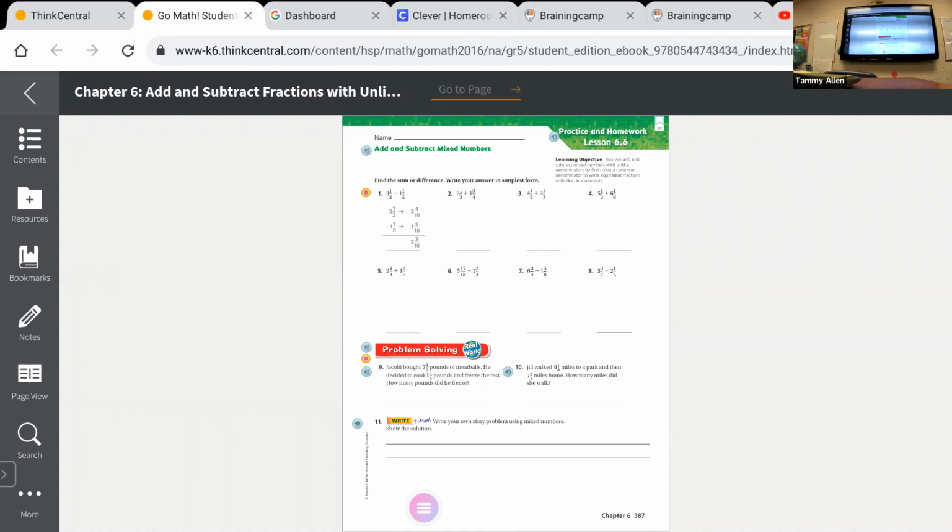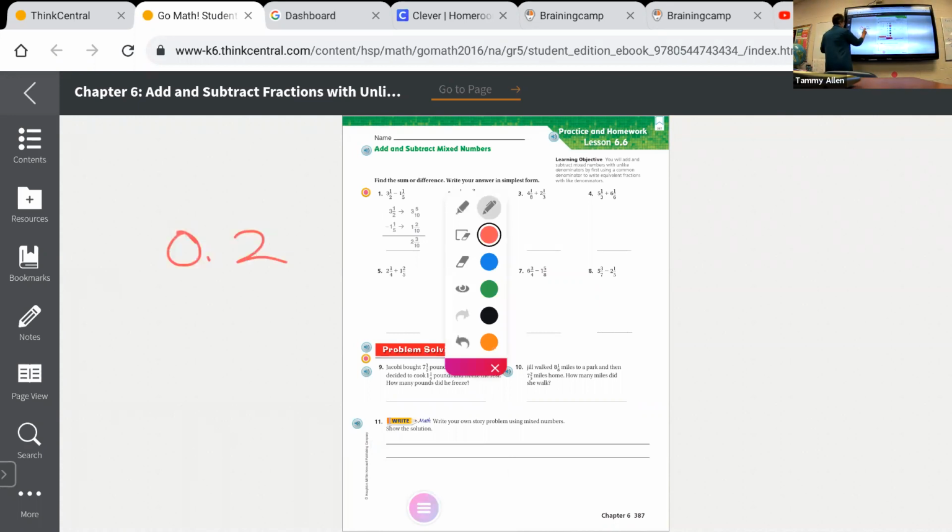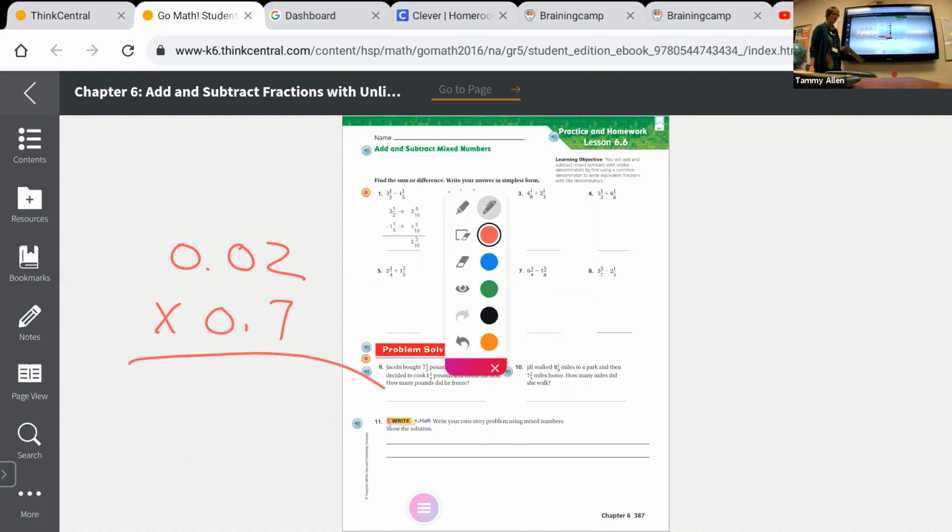Number 6, we have 2 hundredths times 7 tenths. What's 2 hundredths? Okay, I would not even do a long multiplication problem. I would have just looked at it as this.